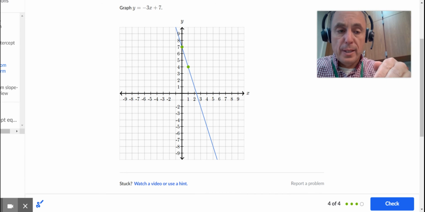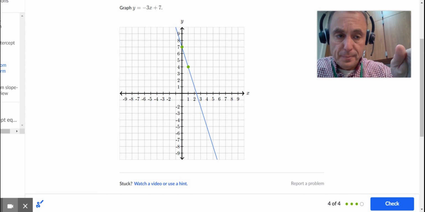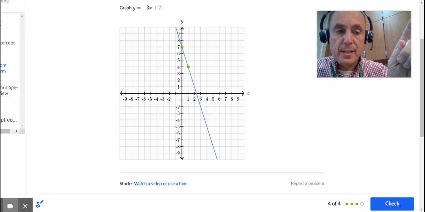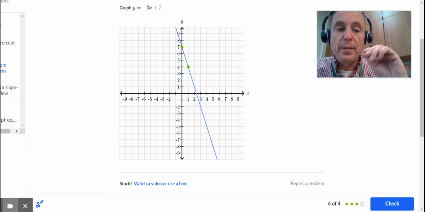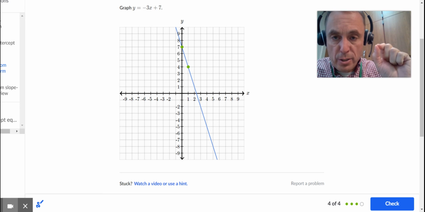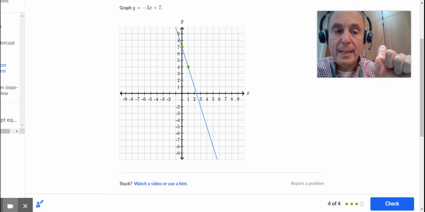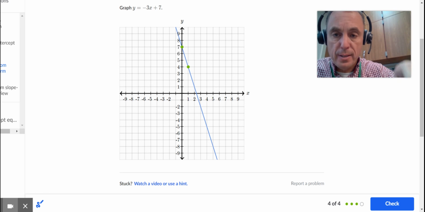So what we're doing in this assignment is we are graphing two variable equations. They are called two variable equations because each equation has an x and each equation has a y. We use the numbers in the equation to graph the equation. We start with the y-intercept, graph that point first.